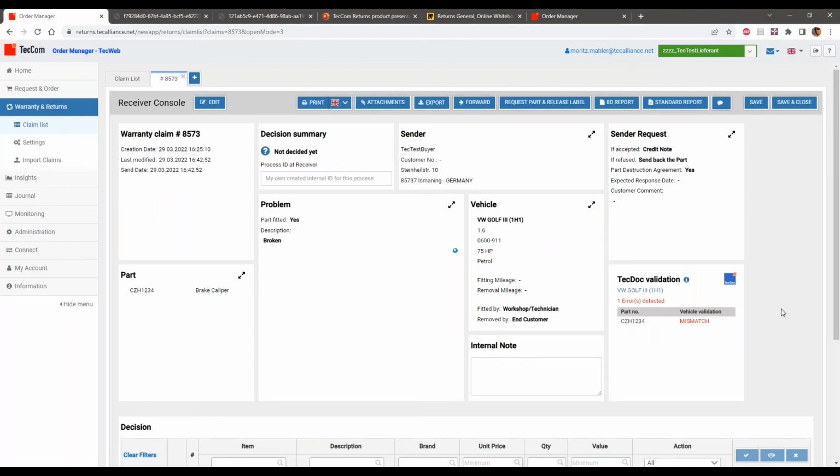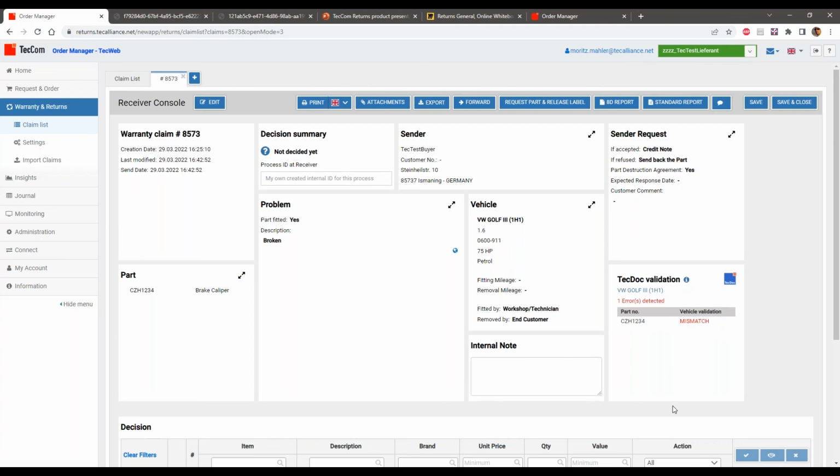So we validate if this part, this car and this part are fitting together, which means in 1 second, I can see that this is a mismatch, that this part is not built to be inside of this car. If we don't know it, we show a question mark. If we know it, we show a green yes. If it is definitely not matching, then we show this.